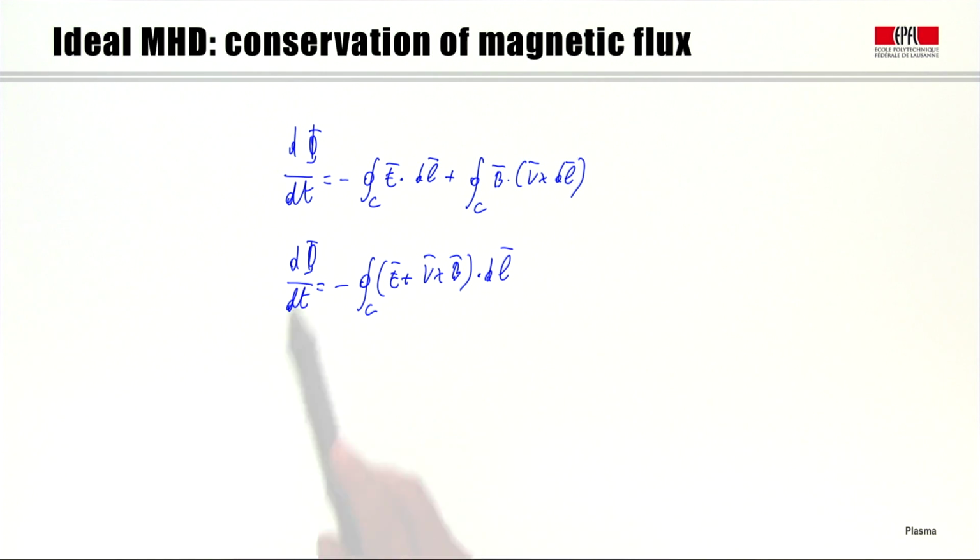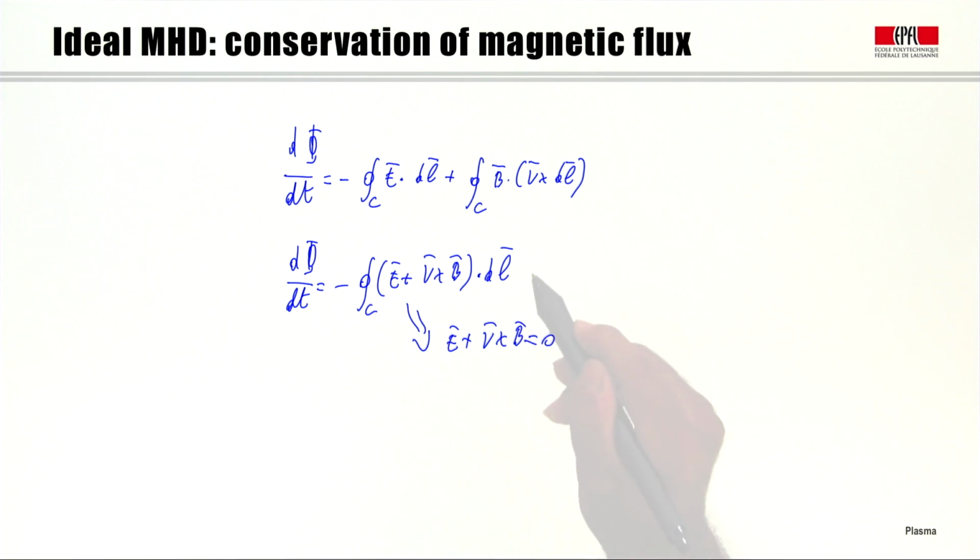What we have here is that dφ/dt is minus the integral over the contour C of (E plus V cross B) dot dl. But this is Ohm's law, and we know that E plus V cross B in ideal MHD is equal to 0.